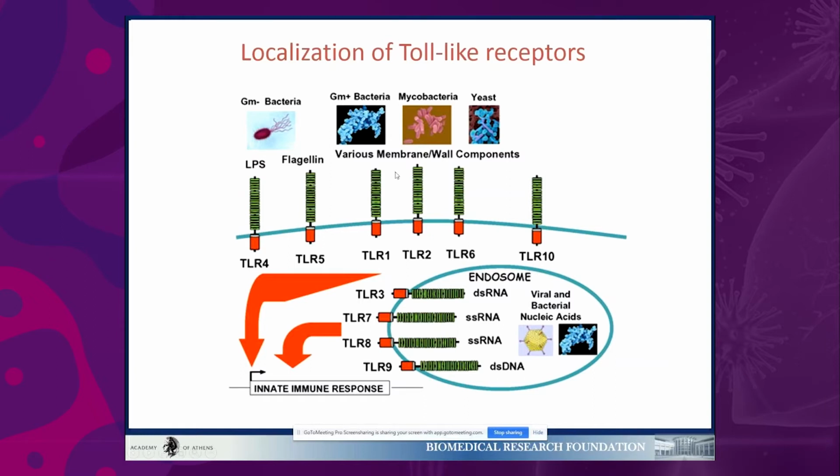Toll-like receptors that recognize structures found extracellularly, like LPS, flagellin, or various bacterial cell wall components or yeast wall components, are at the cell membrane, like TLR4, 5, 1, 2, 6, and 10. Whereas Toll-like receptors like 3, 7, 8, and 9 recognize bacterial or viral nucleic acids and are therefore found in the endosome. So they recognize bacterial and viral structures in the endosomal compartment.